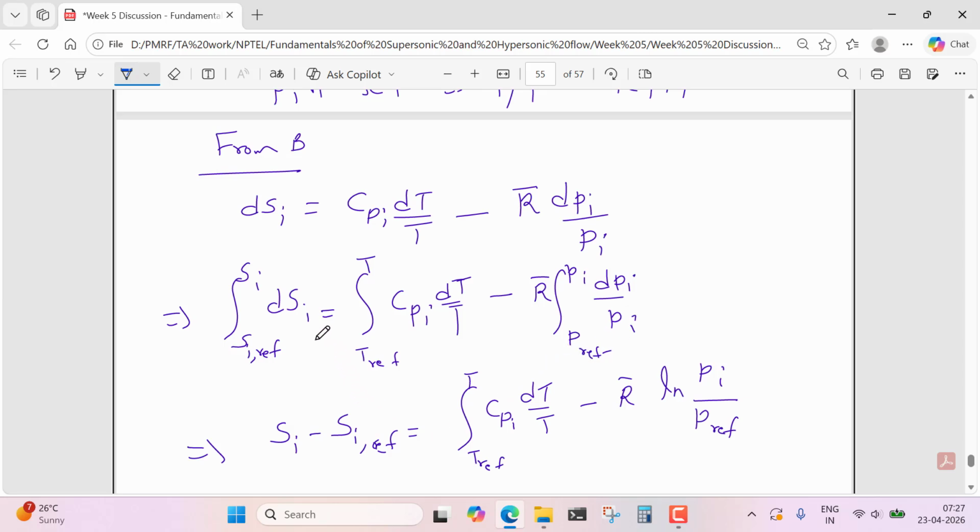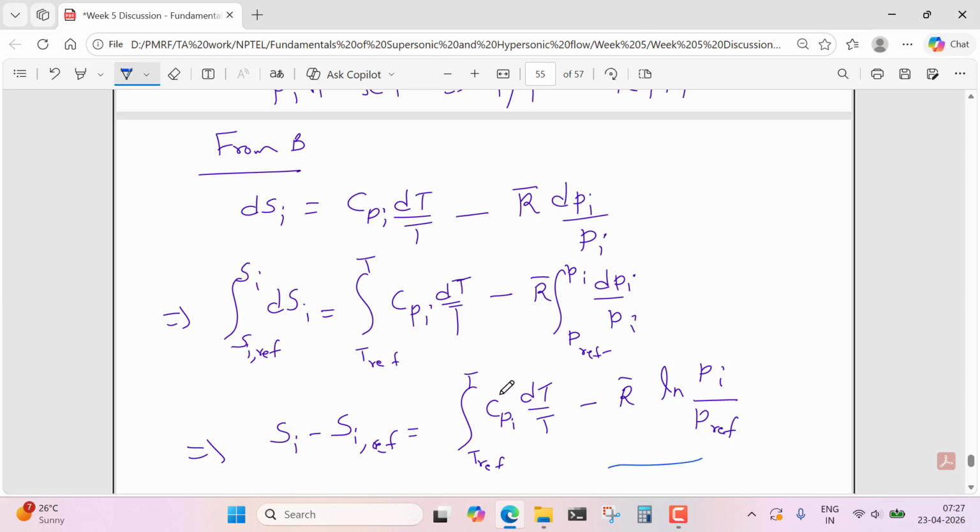So if we integrate it, it will become si minus si reference equal to integration from T reference to T of Cpi dT upon T minus R bar log Pi upon P reference. Integration of 1 upon Pi dPi equals log Pi, and if you put the limits we will get this.